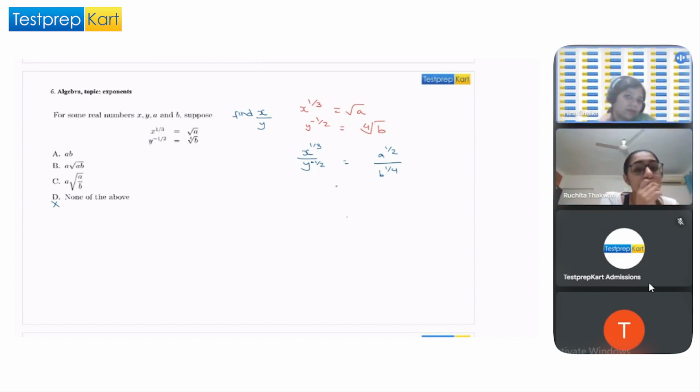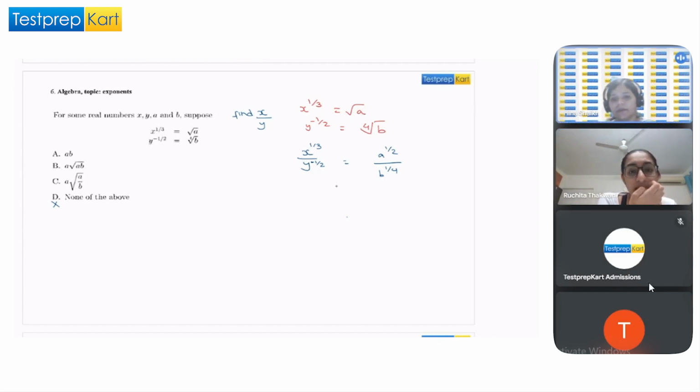And we want the answer of x by y. Can't we just take the 1 by 3 to the other side? Before taking that, we have to make this the same.